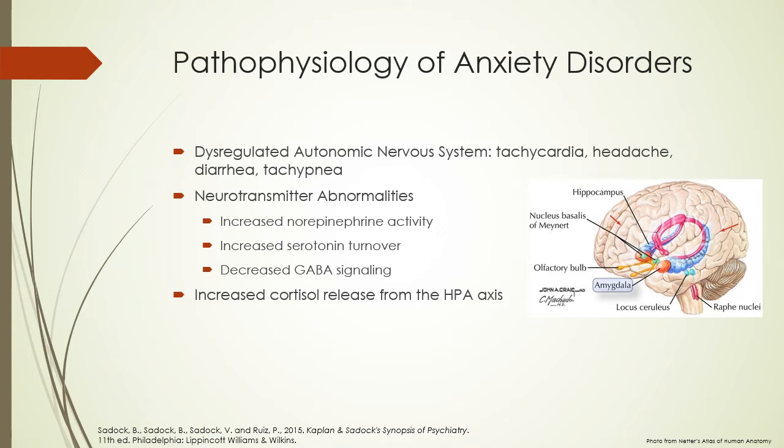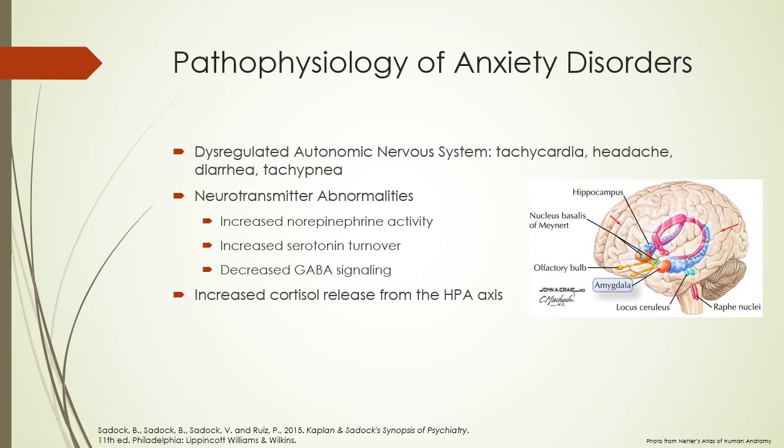There is also increased serotonin turnover in the brain. Serotonin in the brain is produced by the raphe nuclei, which is found in the brain stem. The raphe nuclei will give off serotonin into the limbic system, which is the colored regions you will see in the photo.